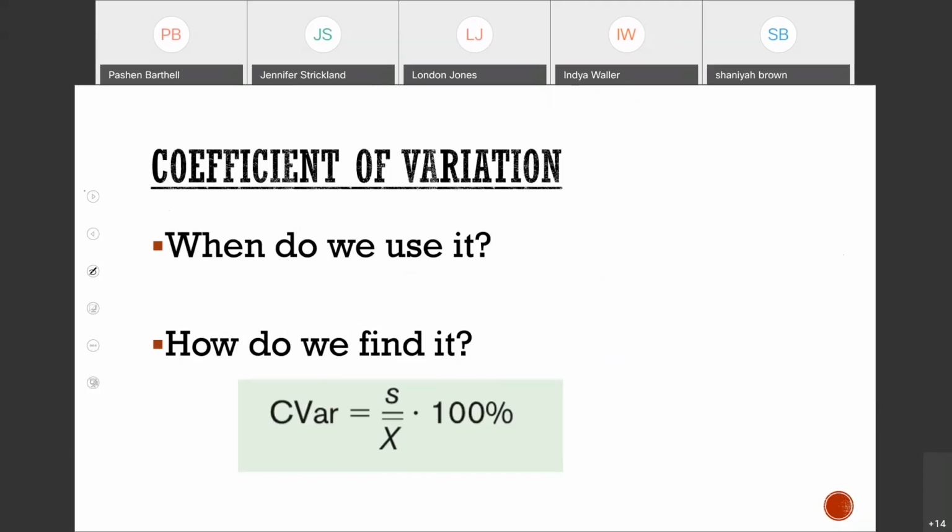So when do we use it? We're going to use it when we want to compare two standard deviations and they are not the same unit, like what we just saw with the commission money and the number of sales.